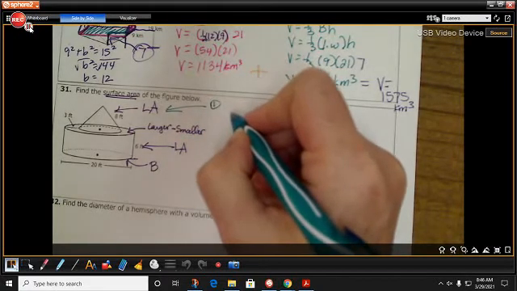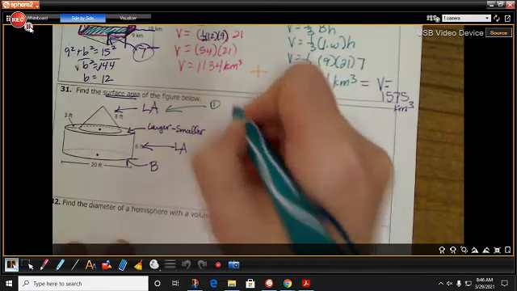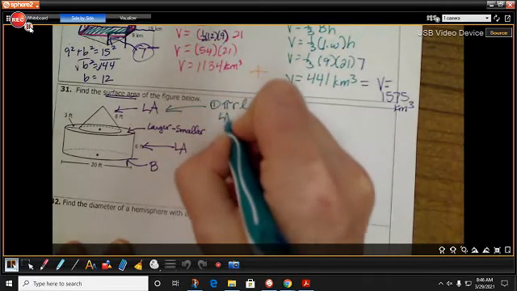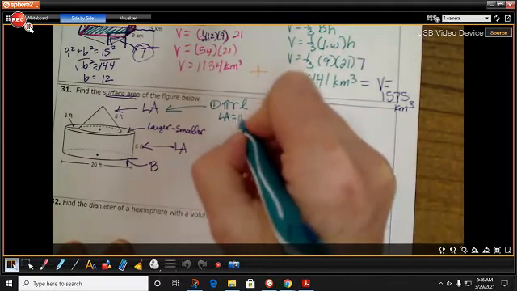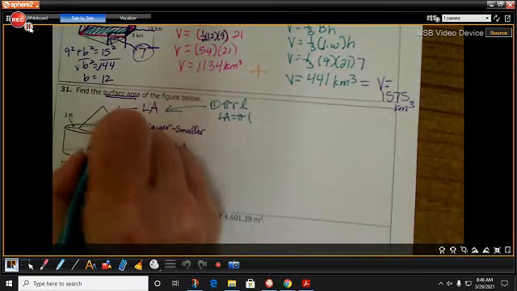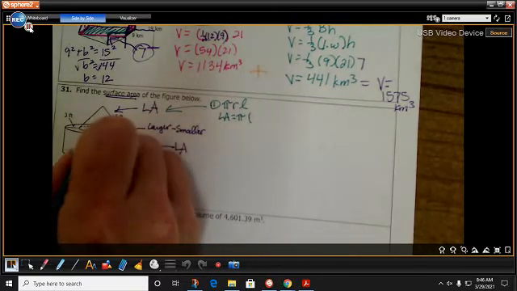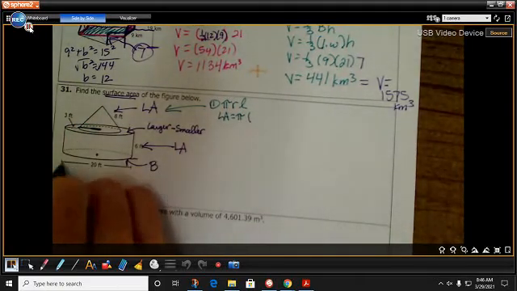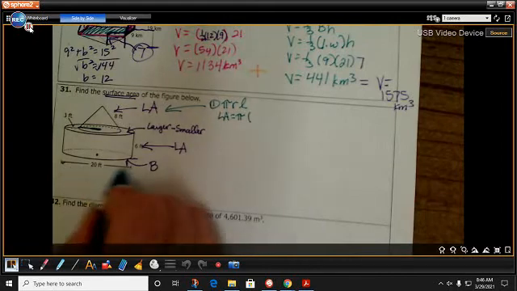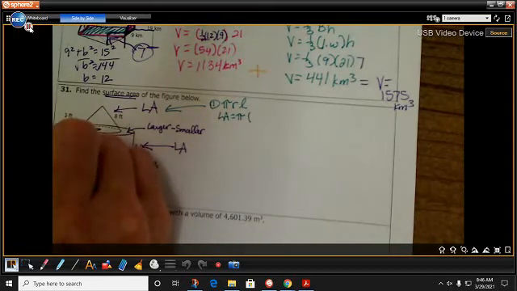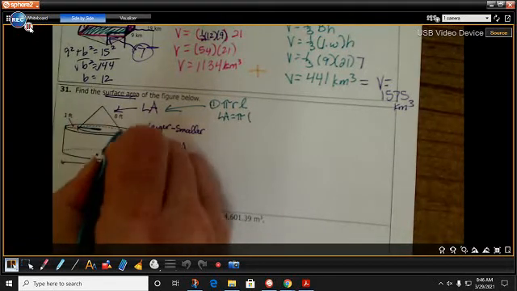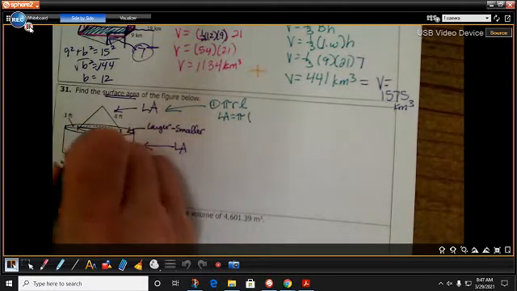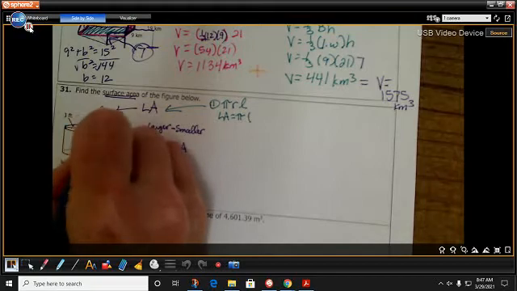The lateral surface area of a cone is going to be pi r times slant height. And so that lateral area is going to be pi times the radius of this circle. Okay? Well, if I know that the total distance across is 20, and then I have 3 feet here and 3 feet here, that means that this shorter diameter here is going to be 14.